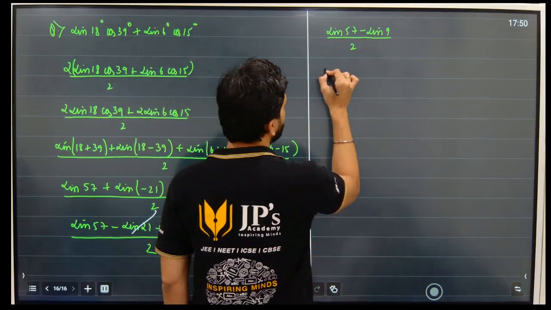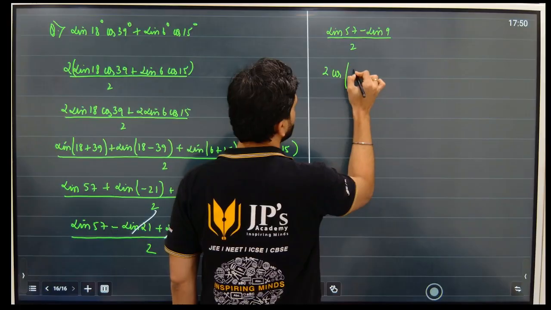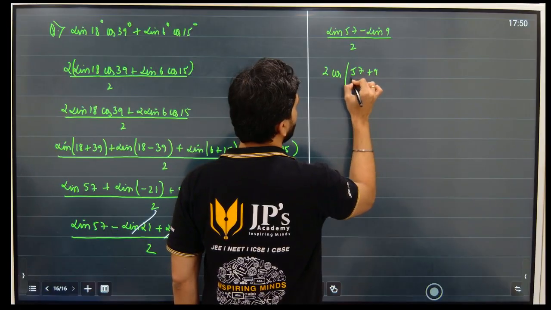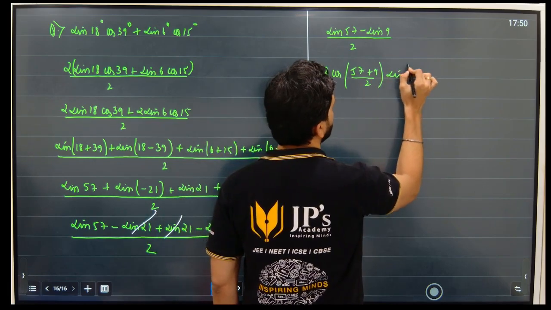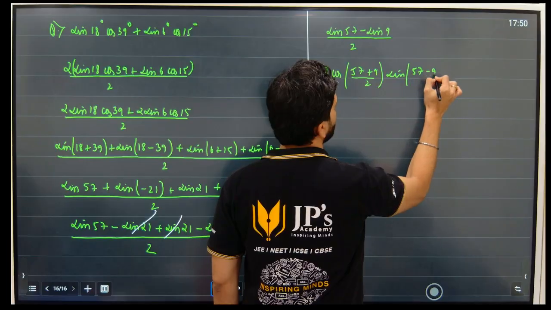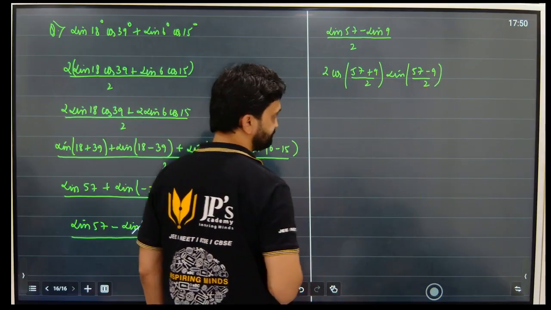Sine c minus sine d is 2 cos (c plus d) by 2 sine (c minus d) by 2. So this will become 2 cos 57 plus 9 by 2, sine 57 minus 9 by 2.